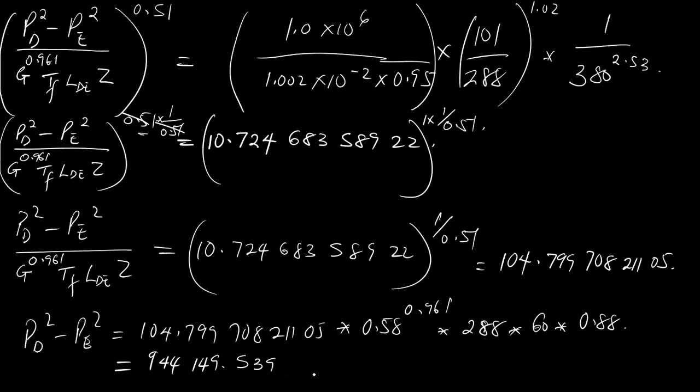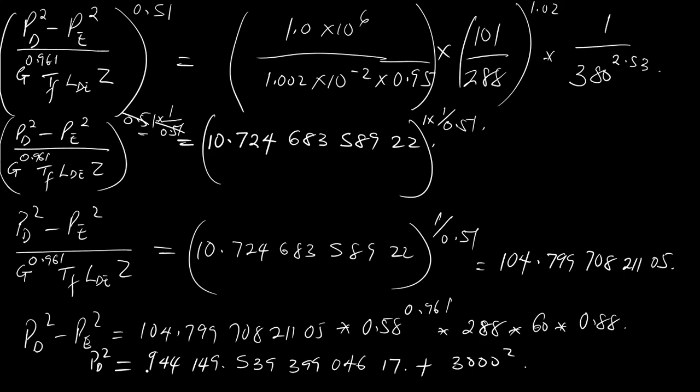944.539 399 04617. So that means PD square will now be equal to this plus PE square, and PE is 3000 kilopascal square.